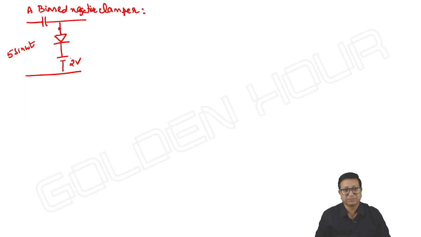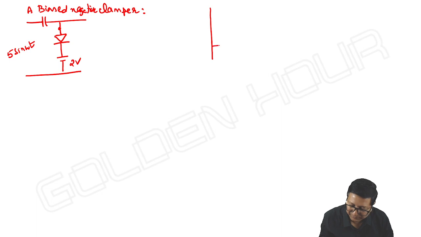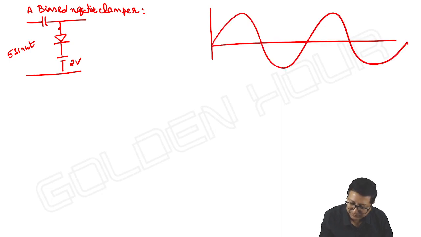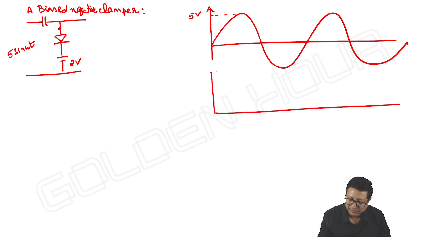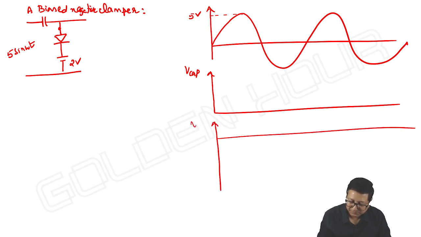cathode voltage. So for that, if I take the waveforms, the input has a peak amplitude of 5 volts. V capacitor, V output.